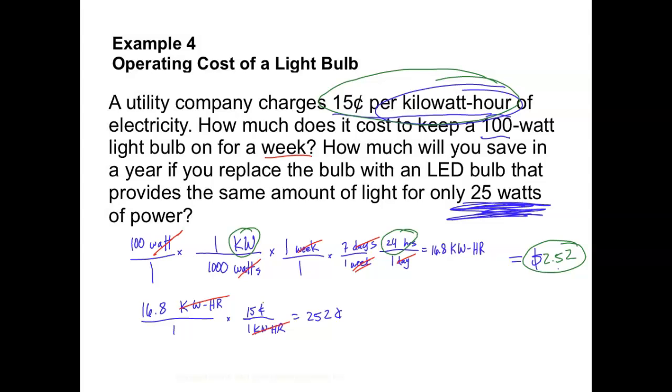A quarter. Good. So then it should be a quarter of the cost, right? So a quarter of the cost, $2.52 divided by 4, is 63. So a 25 watt light bulb would only cost 63 cents per week.